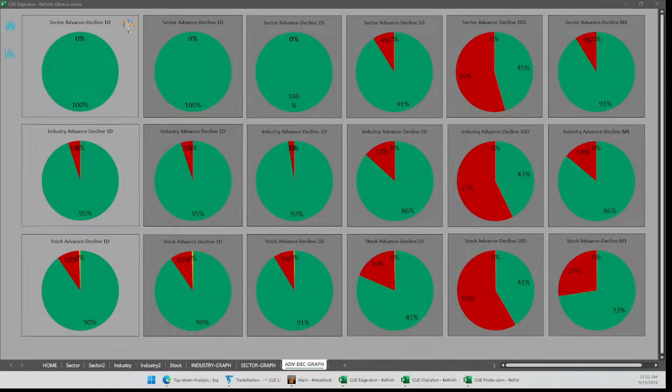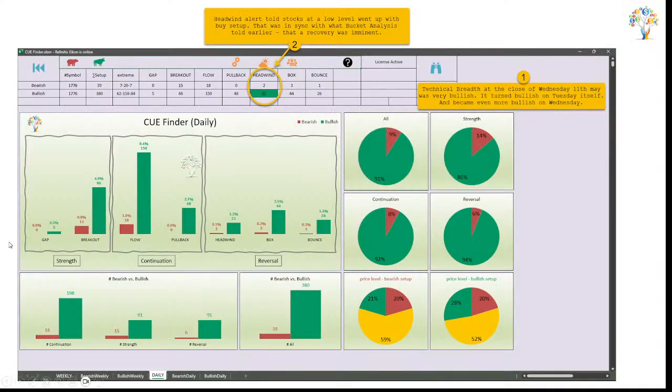How did technical breadth change over time? I showed earlier that on Tuesday itself, Q Finder's technical breadth turned bullish, and to help you see the progression from one day to another day, I did capture some of the slides as I traded throughout the week.